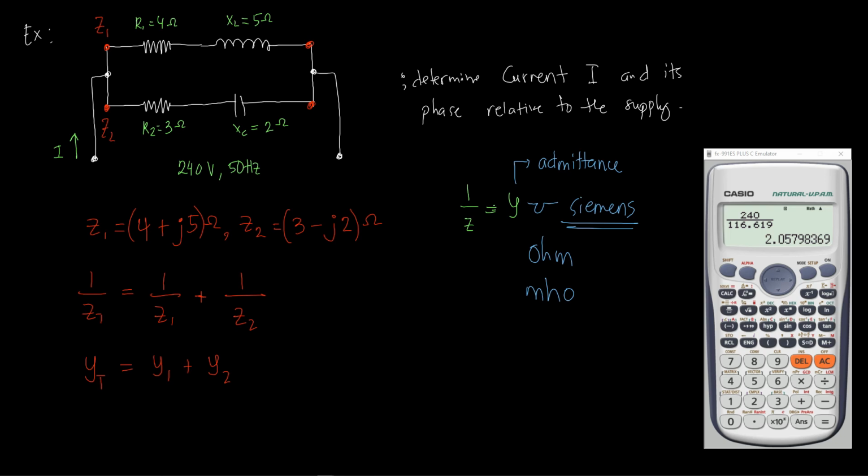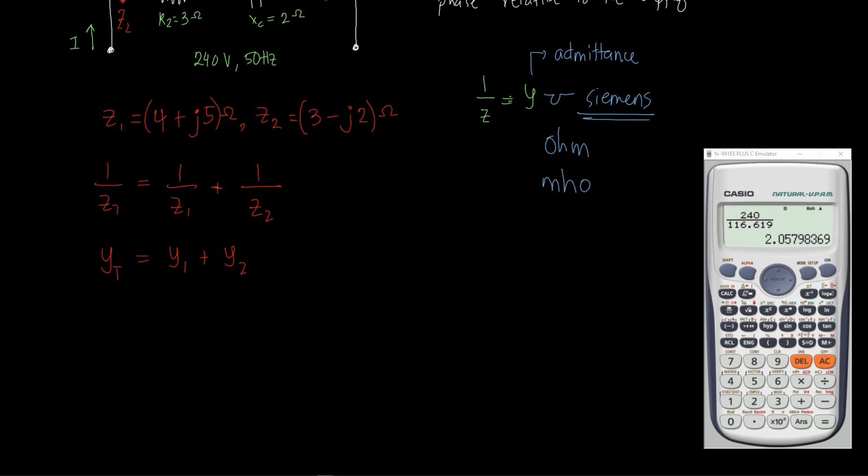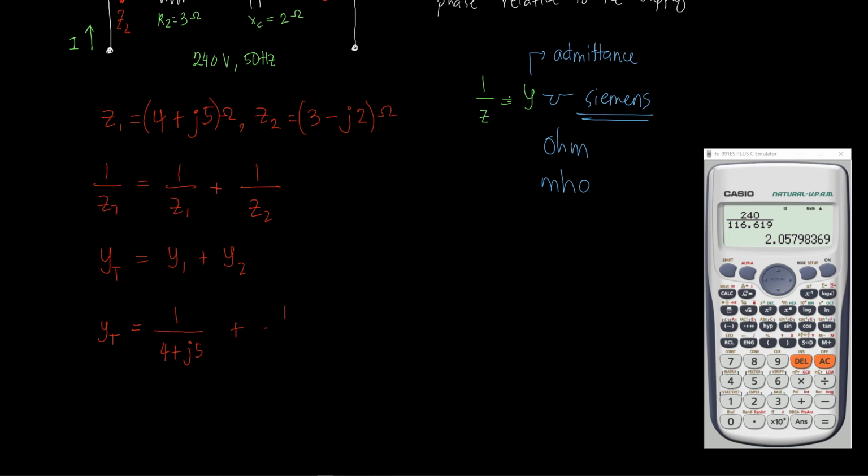Okay, now, to solve for Y1, 1 over Z1. So we have, solving for Y1, Y total is equal to Y1, which is 1 over 4 plus J5, plus 1 over 3 minus J2.